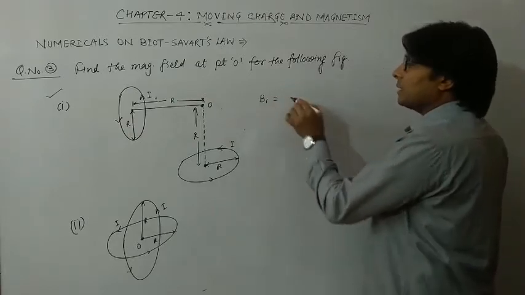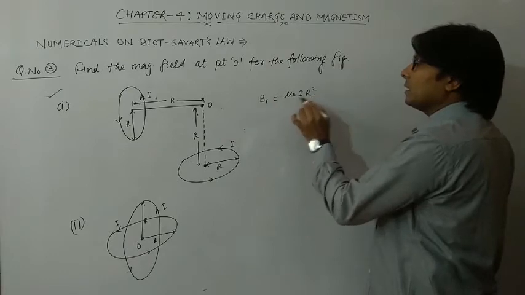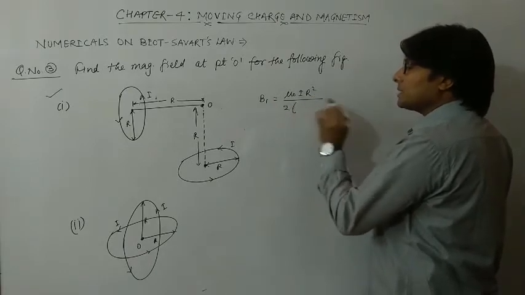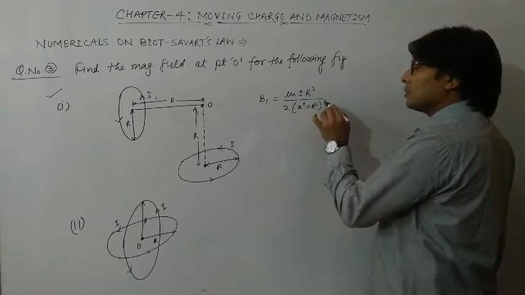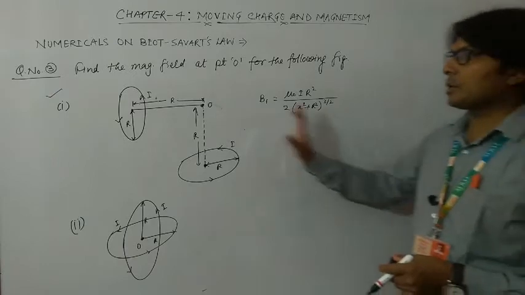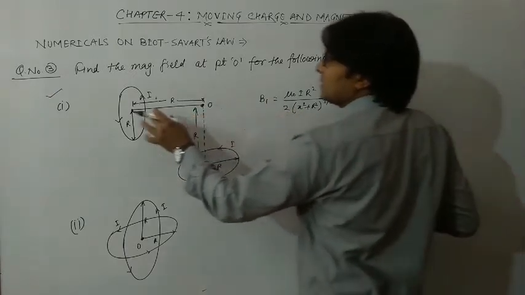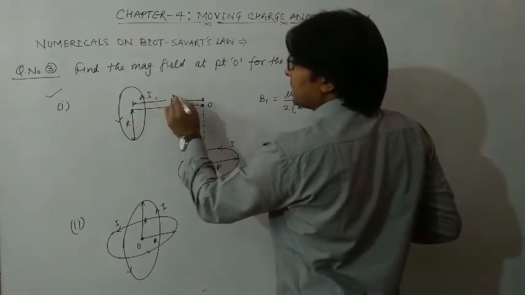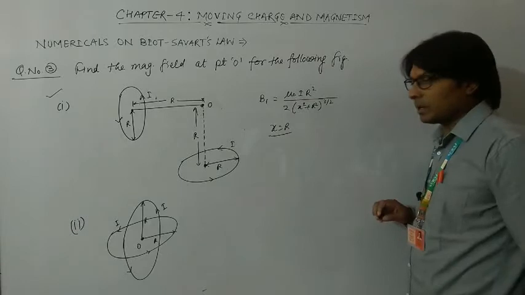So B1 can be written as mu 0 I r square upon 2 times (x square plus r square) raised to the power 3 by 2. This is the formula we have derived at the axis of a circular current carrying loop. Here x is this distance, which is given as r. So we can put x is equal to r here.